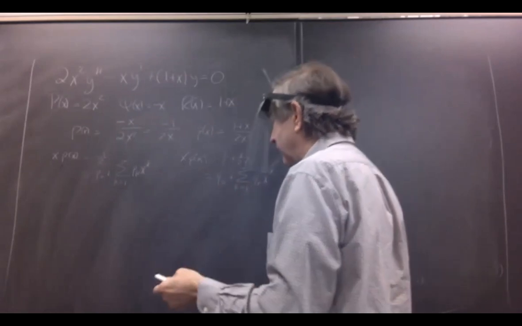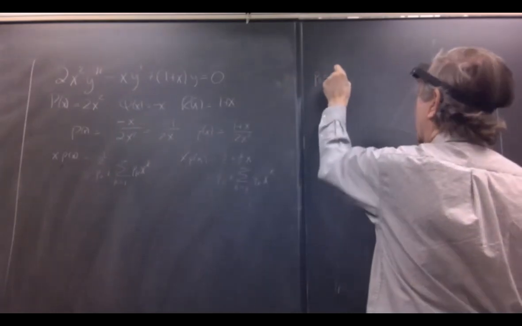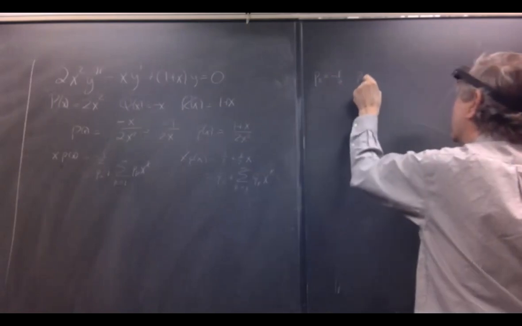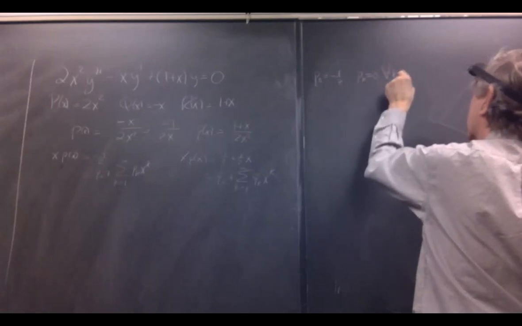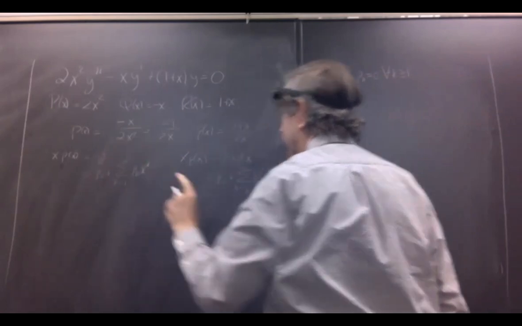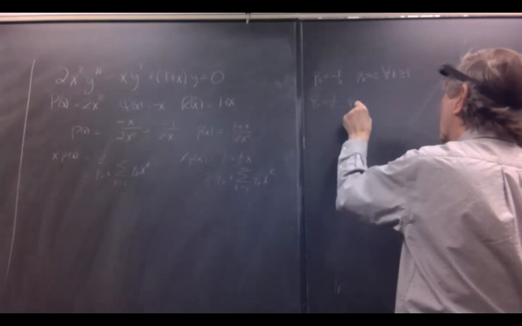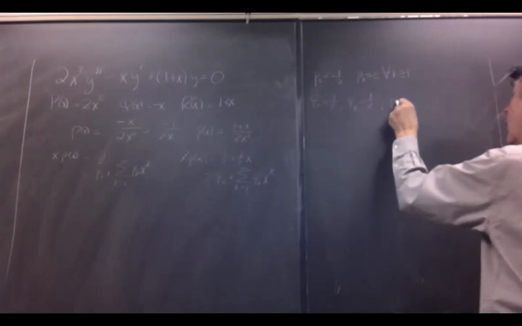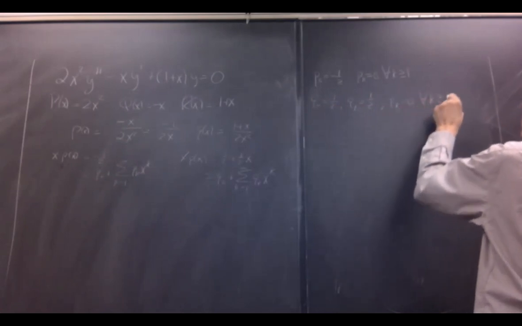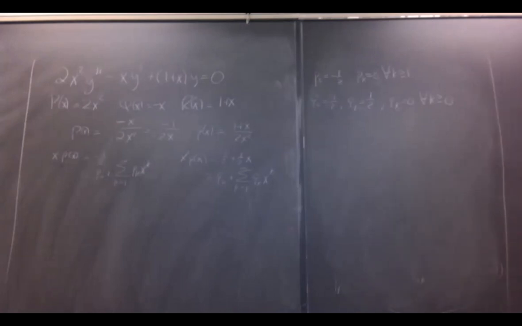In this particular case, we can identify p naught is minus a half, and p sub k is 0 for all k greater than or equal to 1. So we only have one thing here because this whole series collapses just down to one number. And the q naught is a half, q1 is a half, and all the other q's are 0. And that's going to turn out, when we get the general method, right now it doesn't mean much.